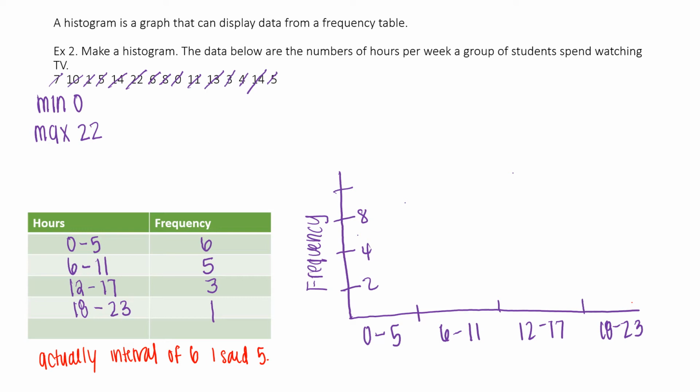Now we're just going to go ahead and fill in the chart here. So from 0 to 5, you had 6. Okay, from 6 to 11, we had 5, so it would be halfway here.